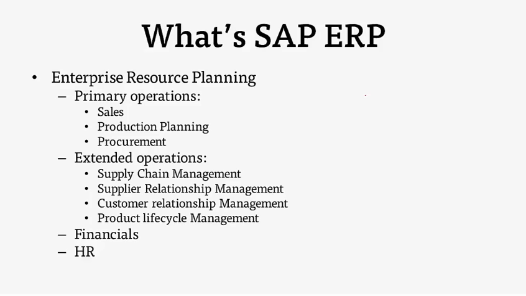Let's see what the everyday business operations in ERP are. Generally, business operations have been broken down into four main categories: primary operations, extended operations, corporate financials, and HR. Firstly, primary operations.